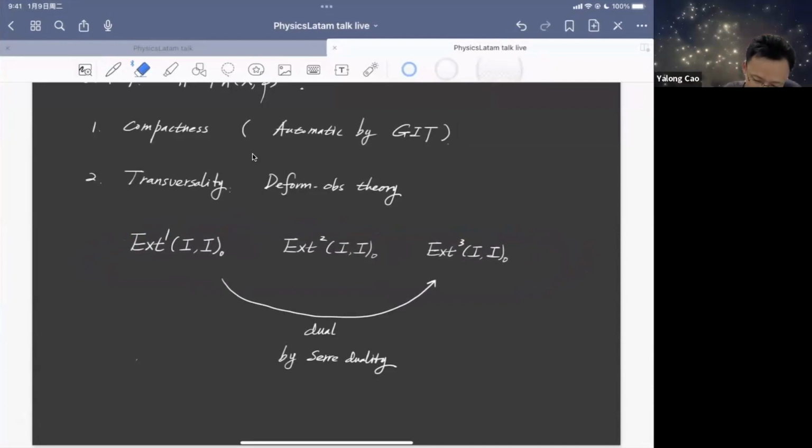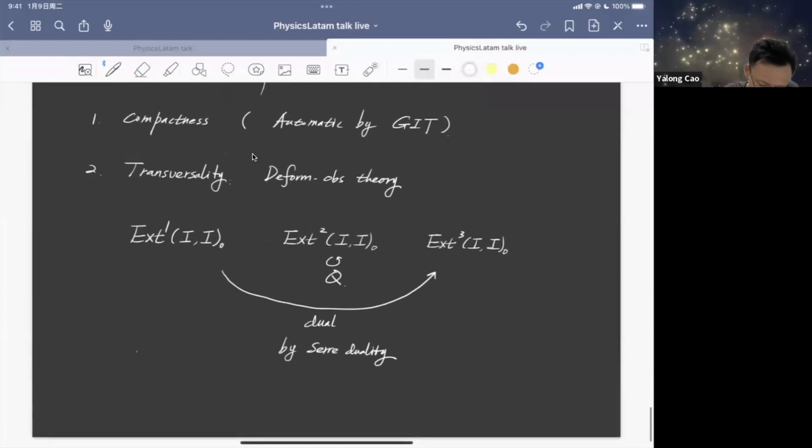And by Serre duality, the Ext2 just has a non-degenerate quadratic form here. So what's remarkable is we consider this holomorphic Euler characteristic. Let me say that this 0 means the traceless part.